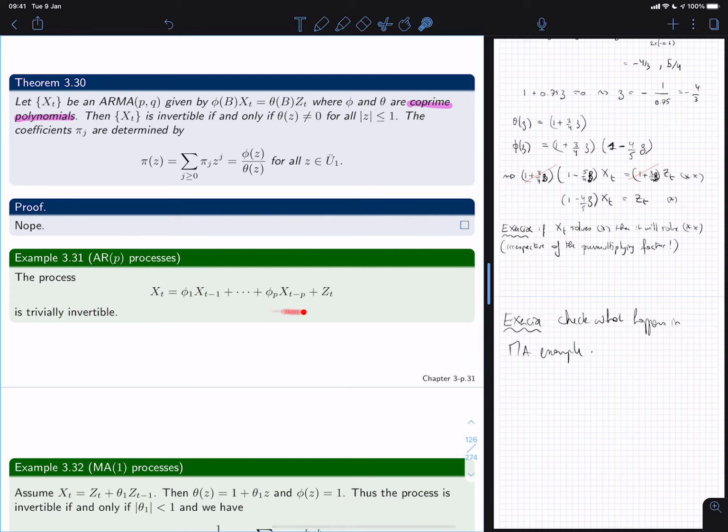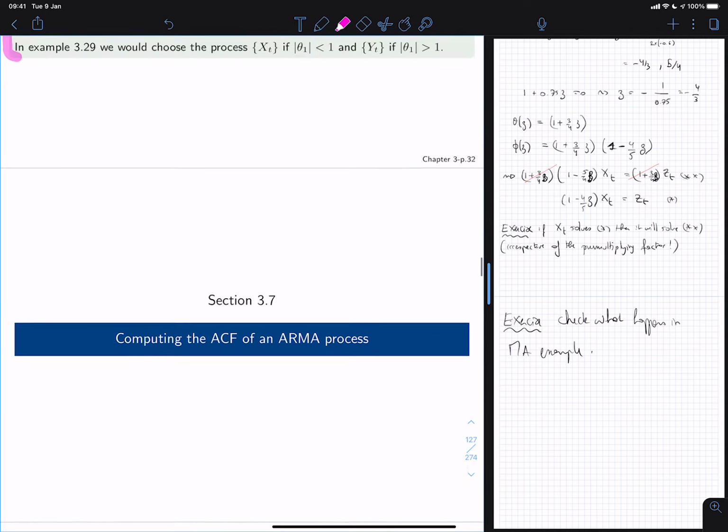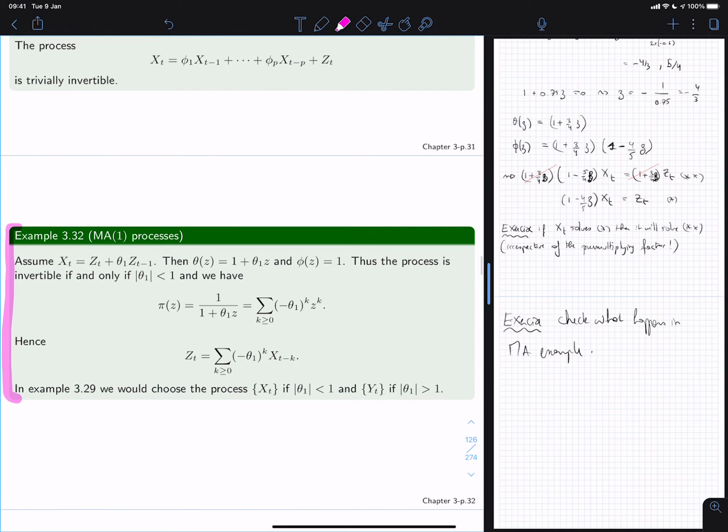In fact, it's trivially invertible as well, because Zt is directly expressed in terms of Xts. So this is easy. And in the moving average case, this is not just an accident, it will come back again probably today, although maybe not. Maybe I won't go into this today. I'll do it next week.